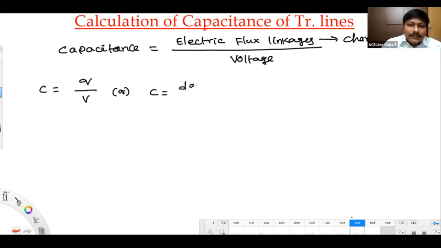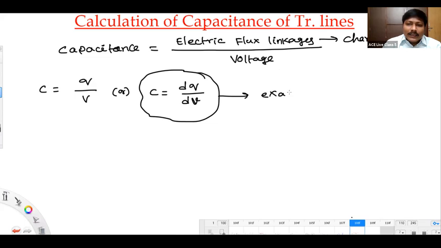So I can say it is dQ by dV. This is the exact formula which we can use all the time. But this Q by V, which we have written simply, is valid only in linear cases.